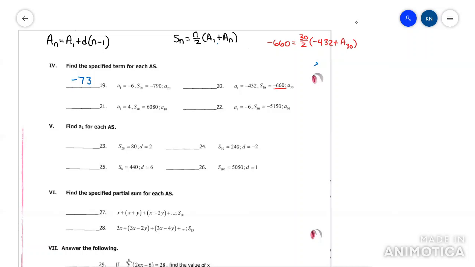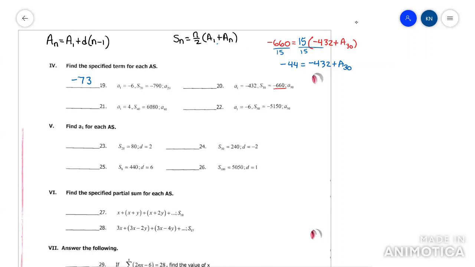So again, I'm going to call this 15. Let me just erase it to keep it clean. Now right here, I'm going to divide by this 15. When you do this, you'll get negative 44 equals that negative 432 plus A30.